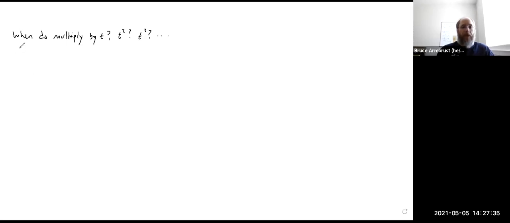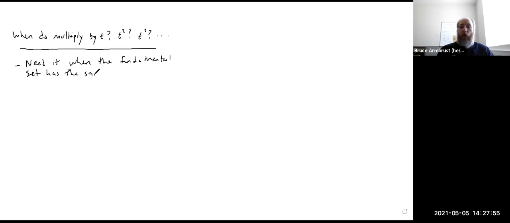Okay, so obviously we need to do it when the fundamental set has the same form as f of t, or f of x, whatever we want to call it.